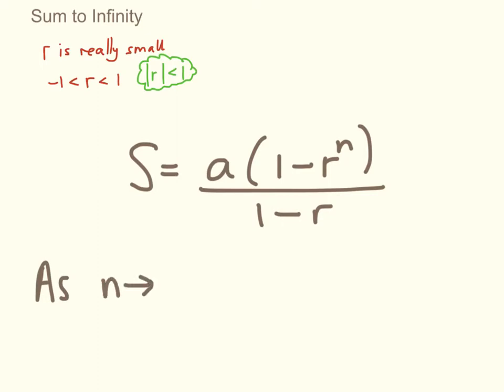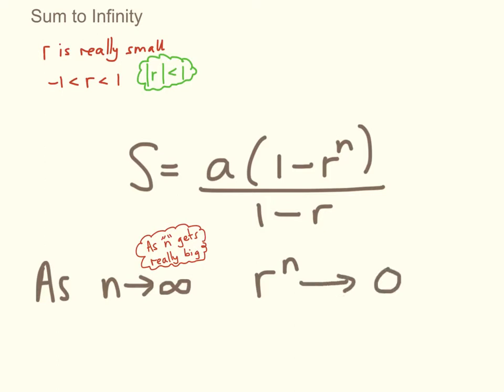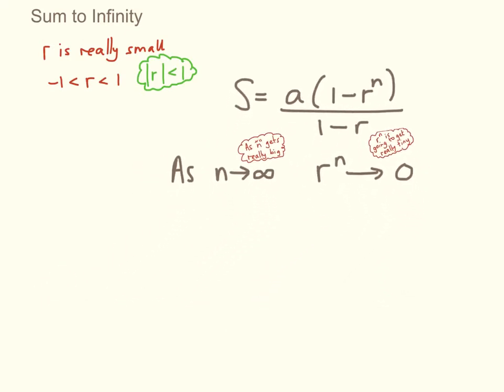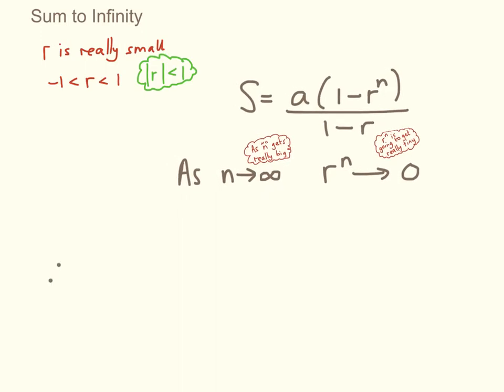What we're going to say is as n approaches infinity, which is the maths way of saying as n gets really, really big, r to the power n is going to get really, really tiny, going towards 0. Just think, 0.1 to the power 10 is a tiny number.